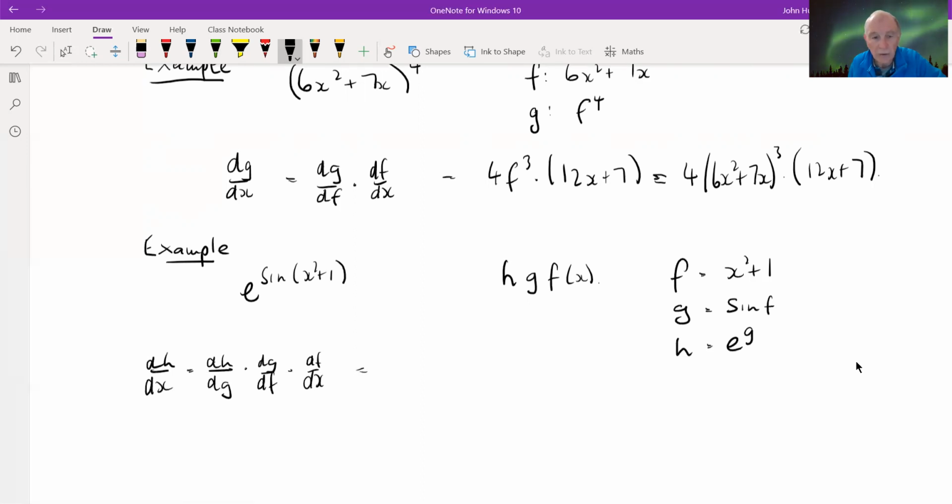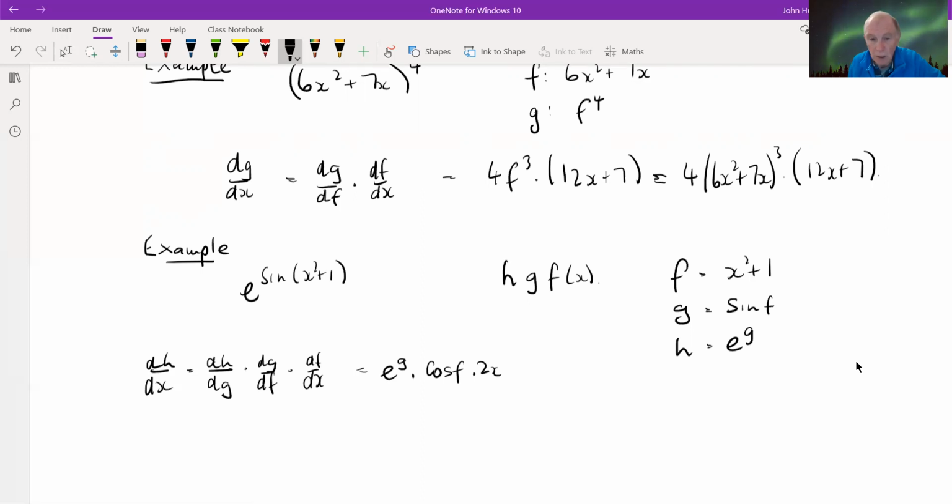And if we work all that through, dh/dg: e to the power of g differentiates to e to the power of g, so that's going to be e to the power of g times dg/df. Well, g is sine f, so dg/df is going to be cosine of f times df/dx. Well, the power rule gives us df/dx is 2x.